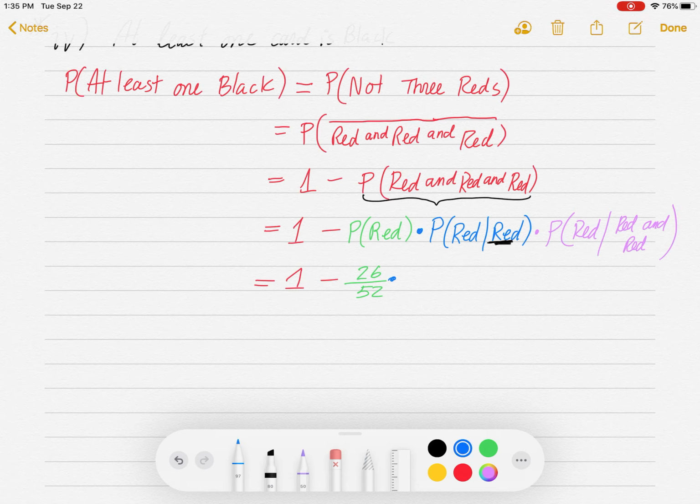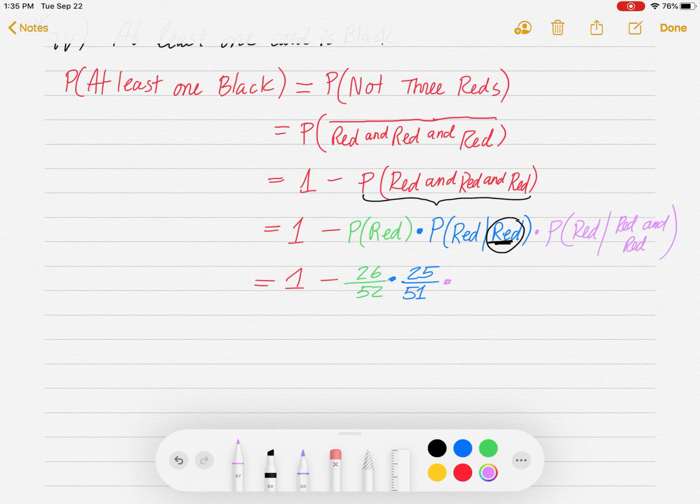Well, how many reds do you have remaining in the deck? You got 25, right? 25 reds remaining in the deck, because we're assuming we already got 1 red, and that comes out. 25 reds out of a total of only 51 cards, right? Because we took that red card out that we got on the first draw.